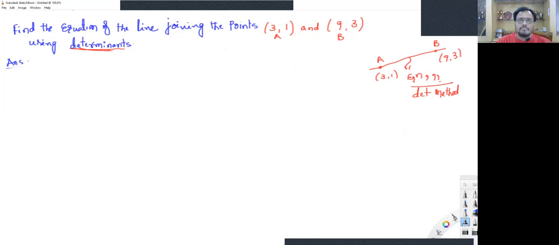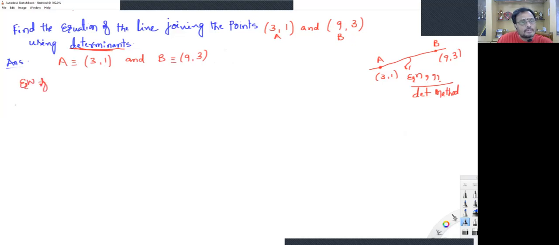Anyhow, the answer remains the same. So once again, if you are not clear, take this as A. The A point is 3 comma 1, the first given point, and the B point is 9 comma 3. Find the equation of line AB.